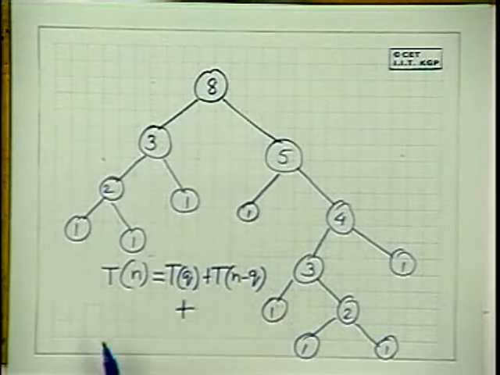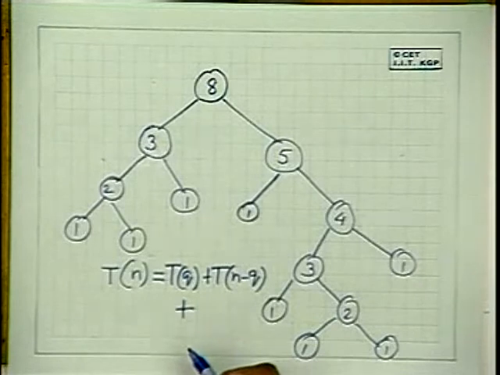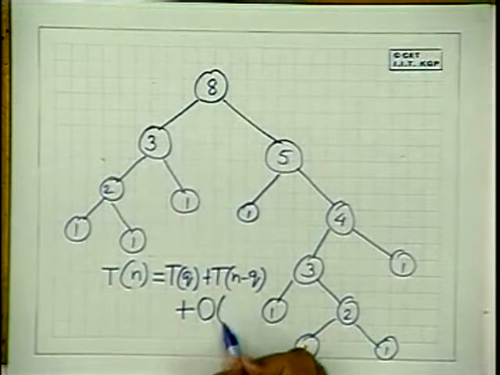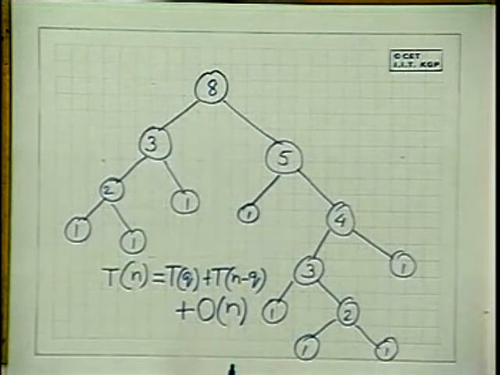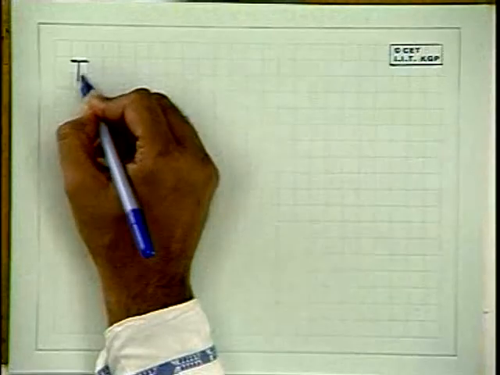plus what? Other than these recursive calls, what were there? Partition time. Partition time was order n. So this is our recurrence relation for the time complexity of this algorithm. Okay. Now let us see what is the worst case behavior. So let me write it down again.